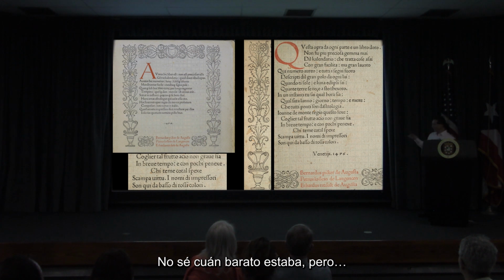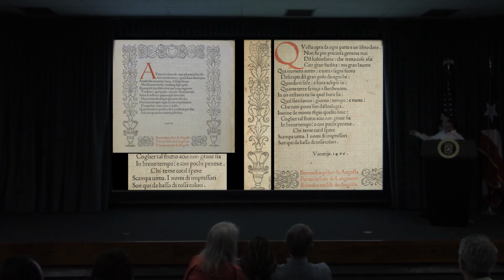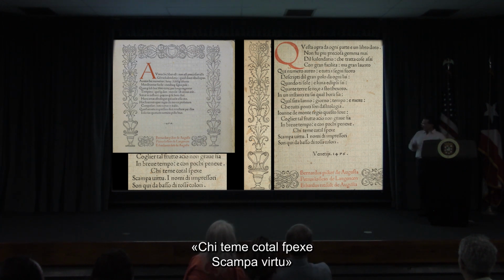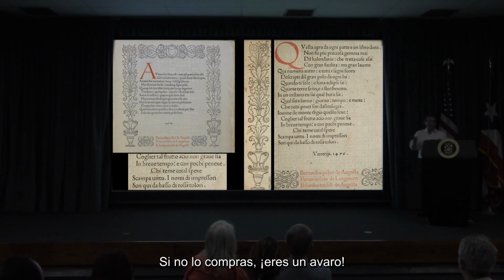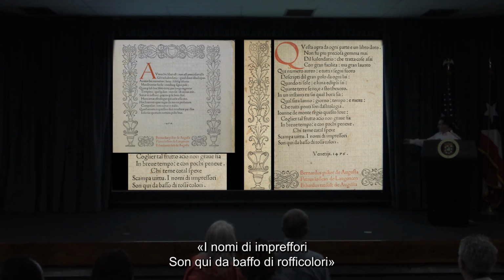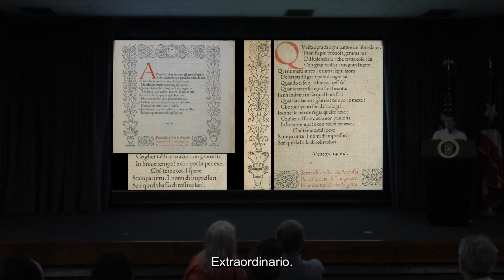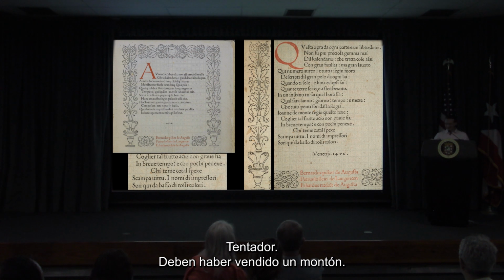So I don't know how cheap it was, but chi teme col tal spese scampa virtù. So if you're not buying this, you are a cheapo. I nomi di impressori sono qui da basso di rossi colori. Remarkable. Enticing. He must have sold a bunch.